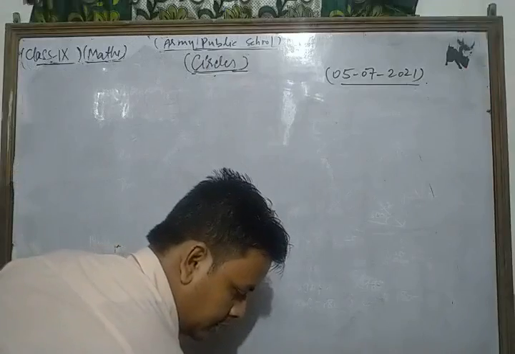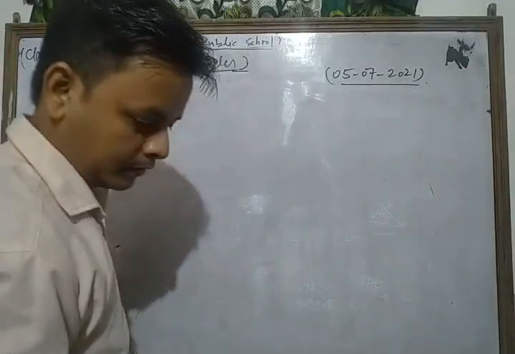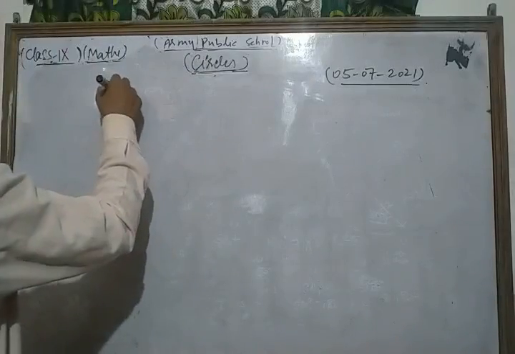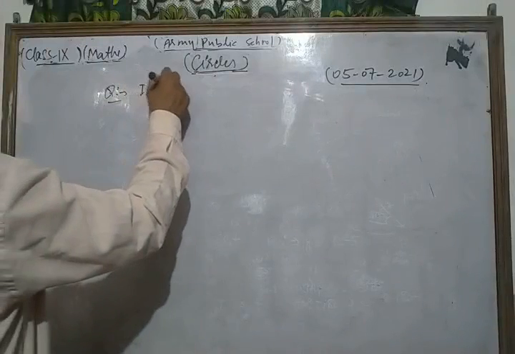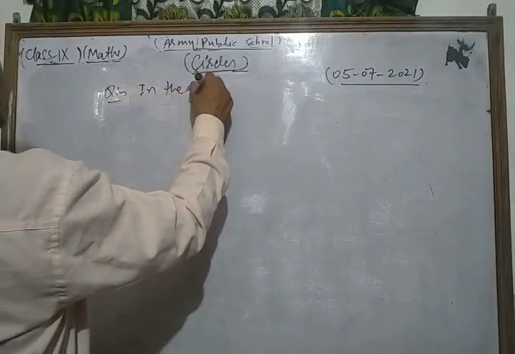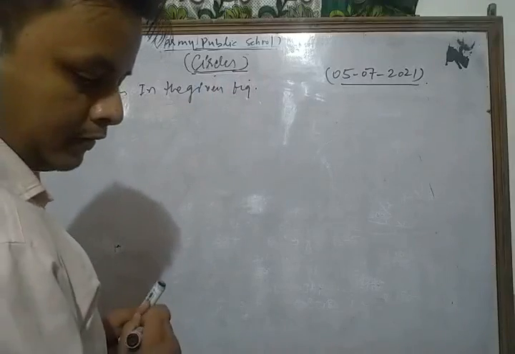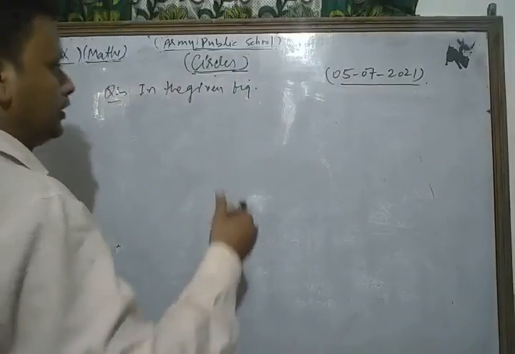And your question is, this is a very important question. In the given figure, ABCD is a cyclic quadrilateral.